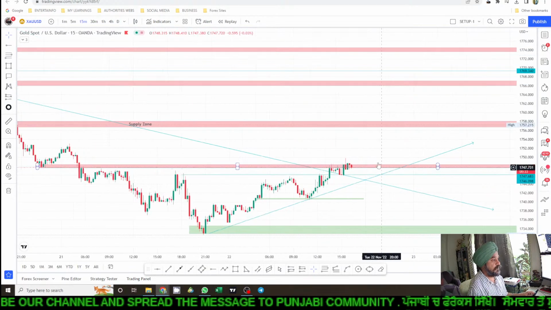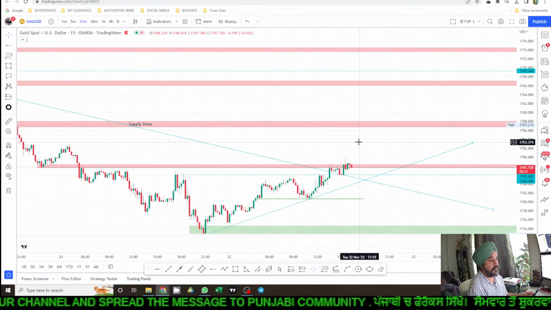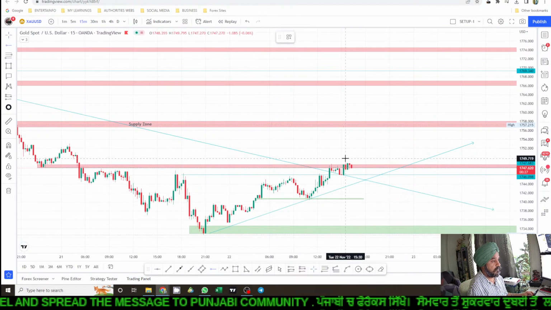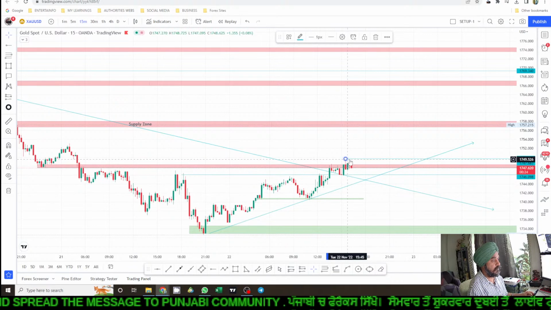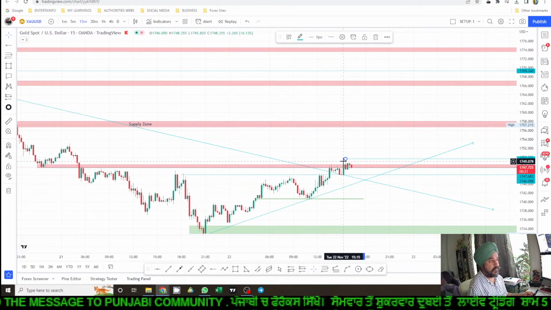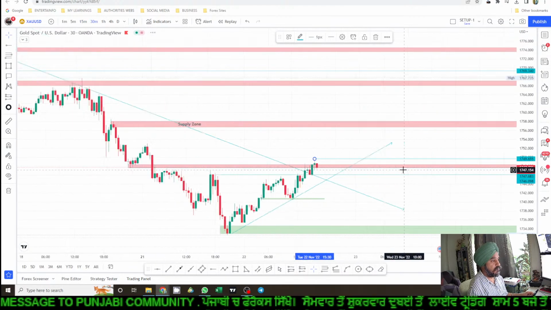So let's wait for this to break above. So far it's a fake out. We will wait up to here because it was a previous high made by a 30-minute fake out candle. Okay, so let's see.